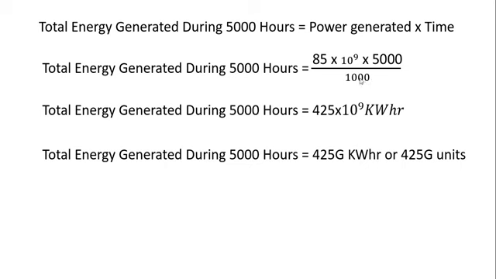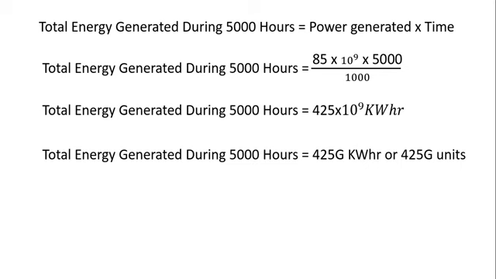If I do not divide it by 1000, I will have this value, but it will not be in kilowatt hour, it will simply be energy in joules. Whenever I divide by 1000, I have converted this energy into kilowatt hour, in which our basic electricity units are measured.